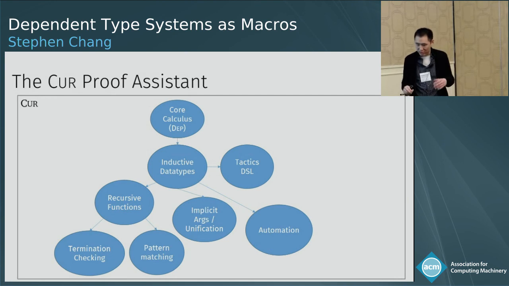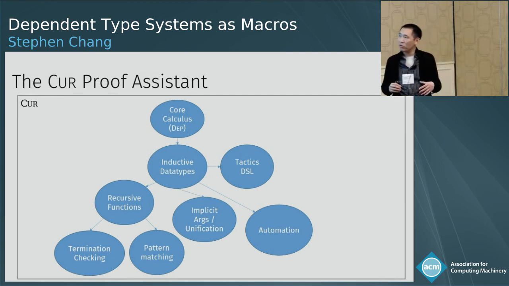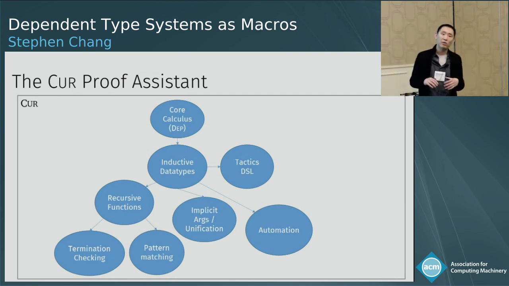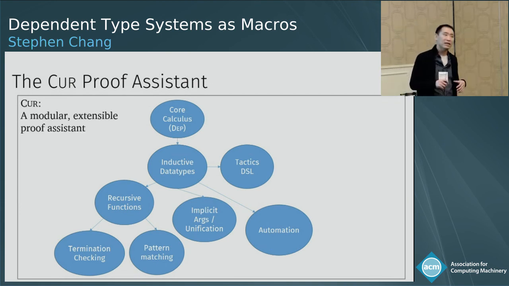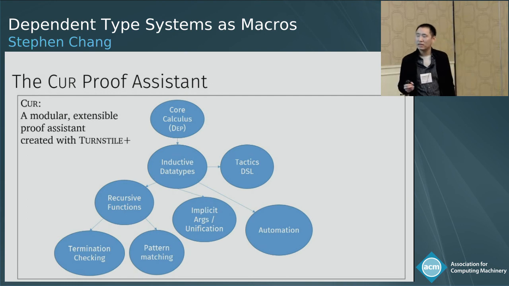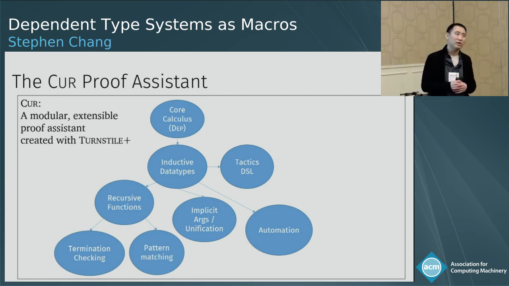So with this in mind, we created a new proof assistant that we wanted to be able to more easily experiment with, because we're language researchers after all. So we wanted a proof assistant that is modular and extensible, and so we created one called Cur. And it has all these components, and we created it with Turnstile Plus because Turnstile Plus made it easy to implement all of these interacting components.